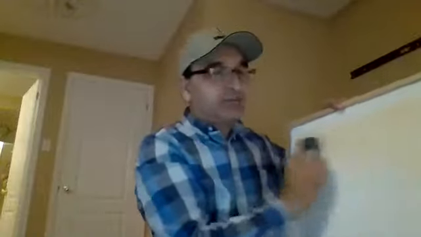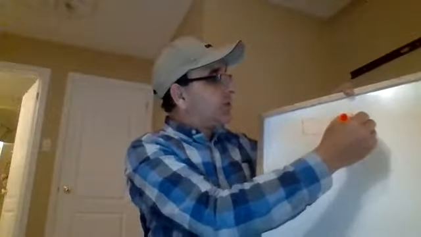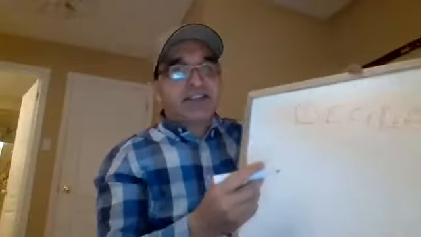Now, what are the models of decision making? How can we make decisions? What are different models? One of the important models that I like personally is the word DECIDE, D-E-C-I-D-E.